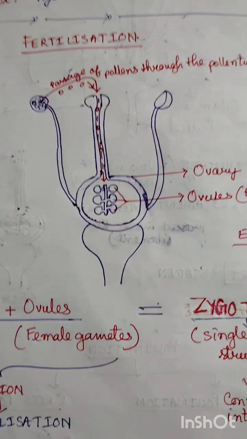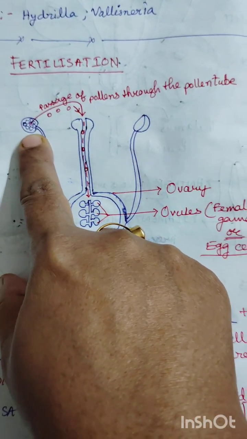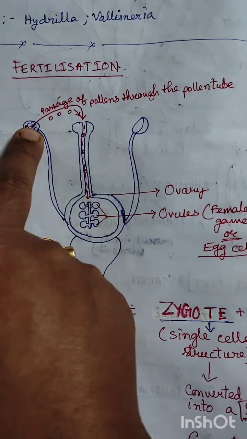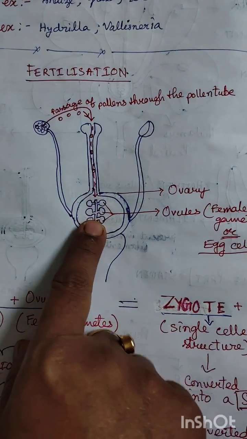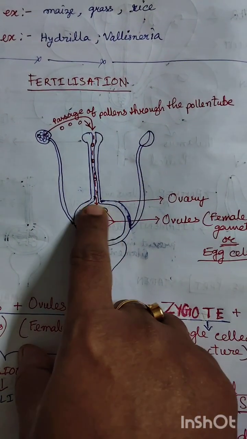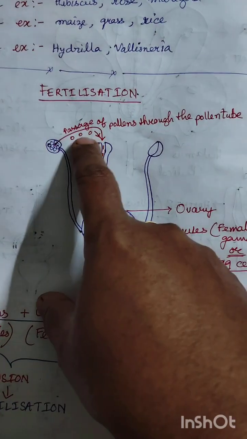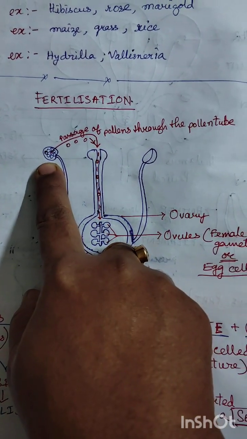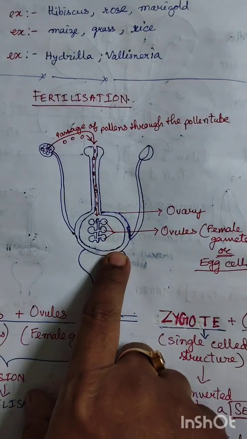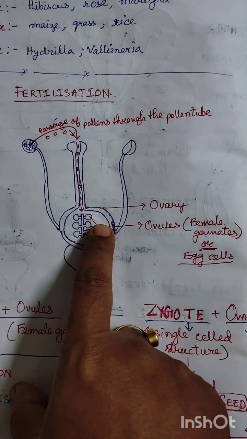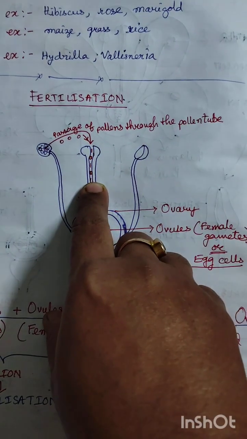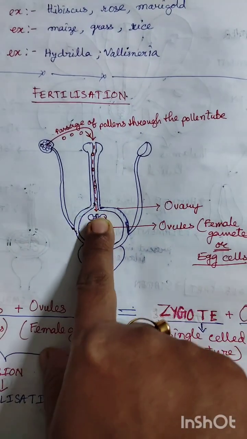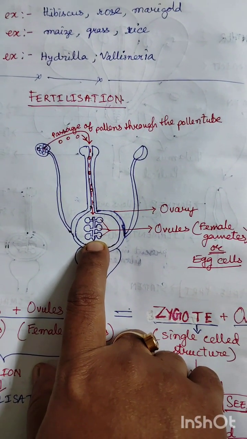See the diagram I have drawn here. From the anther, the pollen grains pass through the pollen tube inside the ovary where ovules are present. These pollens are the male gamete and these ovules are the female gametes or egg cells. The pollens are passing through the pollen tube towards the ovules.